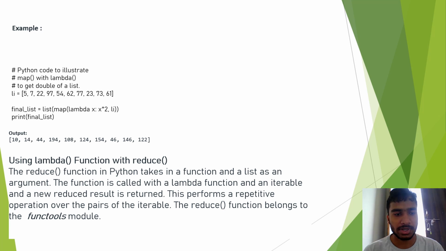I am going to repeat this phrase again, it is very important. The reduce function in Python takes in a function and a list as arguments. The function is called with a lambda function and an iterable, and a new reduced result is returned. This performs a repetitive operation over the pairs of the iterable. The reduce function belongs to the functools module.